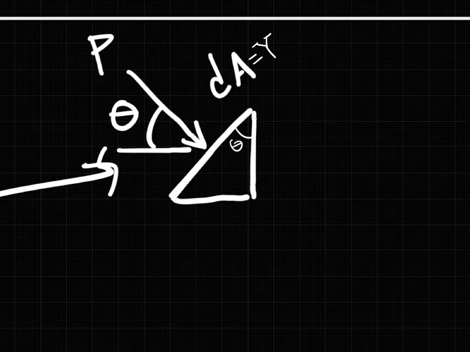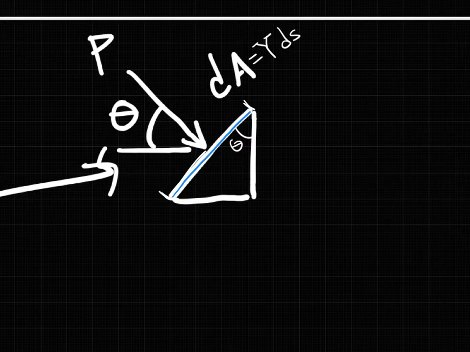I'm talking about this face right here, which I'll do in blue. That face has a width of y going into and out of the board, and the length along it is maybe a ds. So that's the distance from here to here. Fortunately, we're not really going to use that.